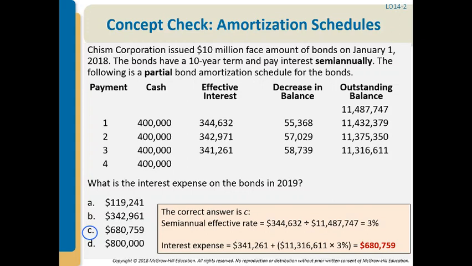And so if you take that 3% and multiply that times 11,316,611, which is the outstanding balance in the middle of 2019, you can calculate the interest for 12/31/19 and add that to your third effective interest rate amount of 341,261, and so you come up with an amount of 680,759.